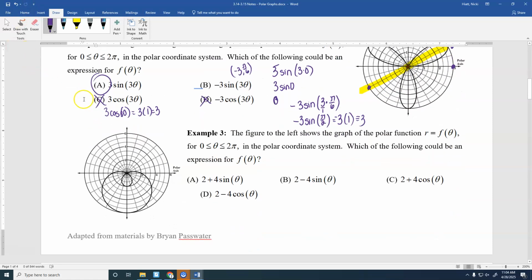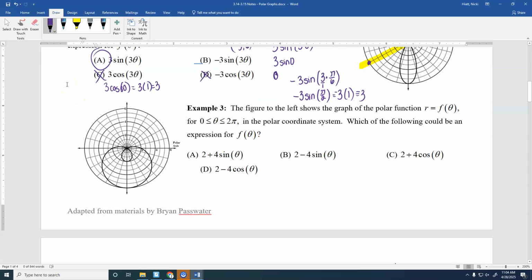So if we go down to example 3, we are supposed to say which one of these could be that expression. If I plug 0 into the first one, I'd have 2 plus 4 sine of 0. Sine of 0 is 0, so that is just going to give you 2. So I should have 0, 2. That's on the graph, so it's a possibility.